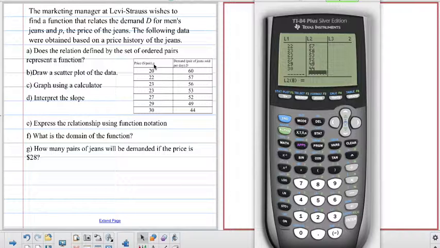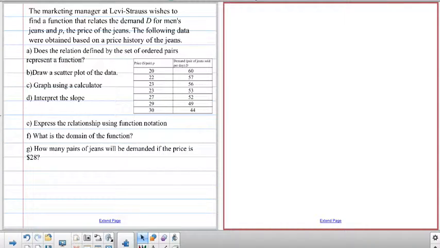All right, so the very first thing you have to do is what we were talking about earlier in the week. Decide if this is a function or not, just based upon the ordered pairs.